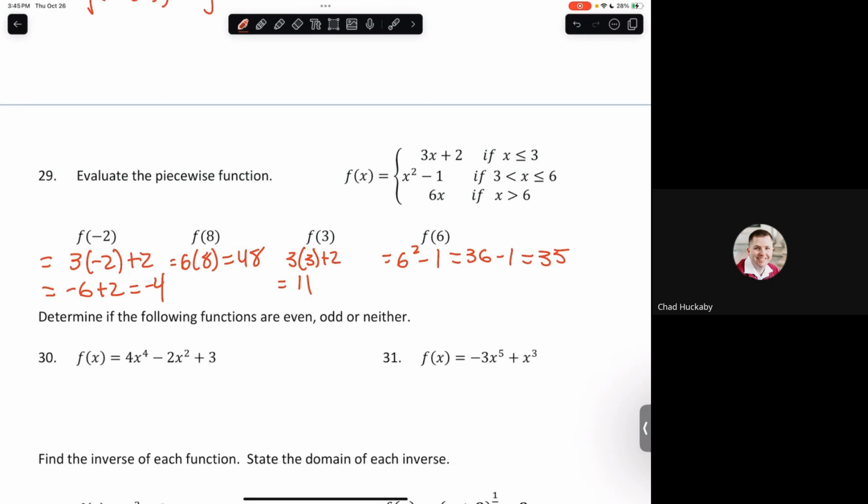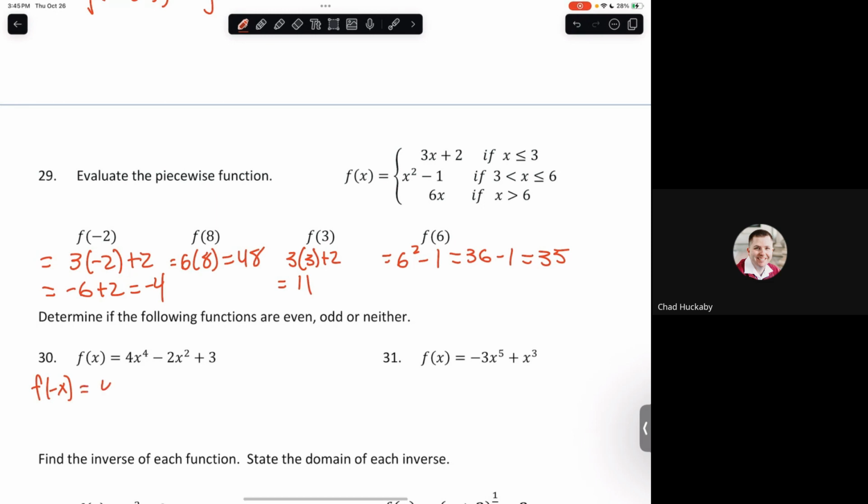I don't have a counterexample to show you, but let's take a look at f of negative x, because that's really what we're testing. So what is f of negative x?